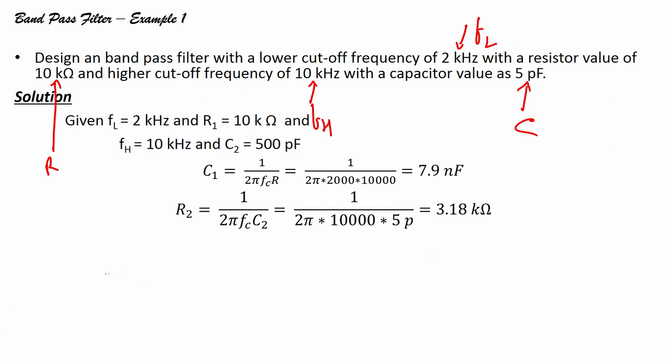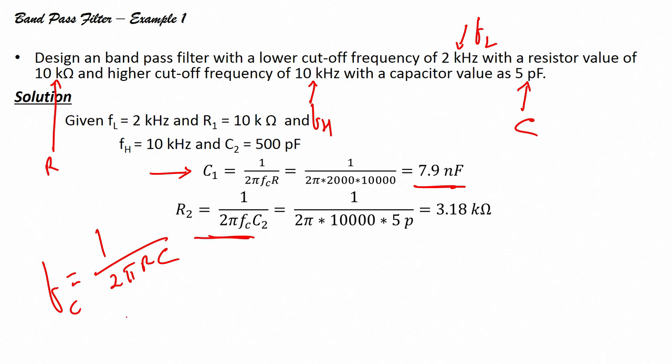So, we know that F equals 1 by 2 pi R C. For the first one, and for the second one, FC1 and FC2, we can say it is 1 by 2 pi RC.